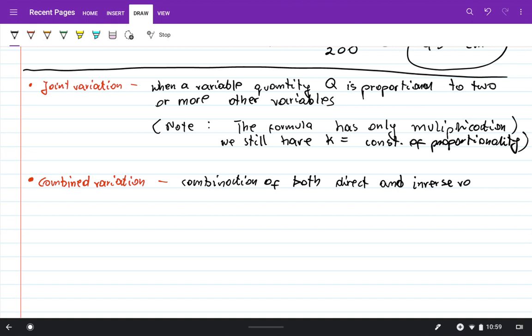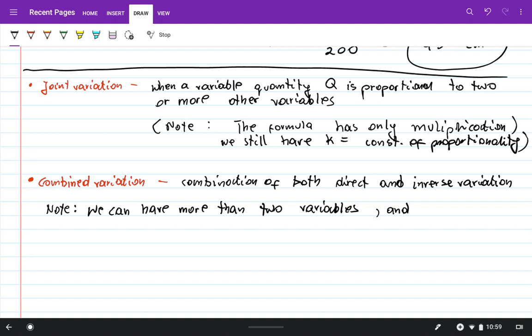Note, we can have more than two variables, and the formula will have both product and division.